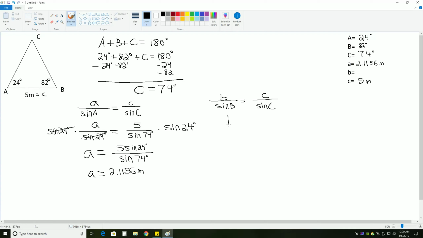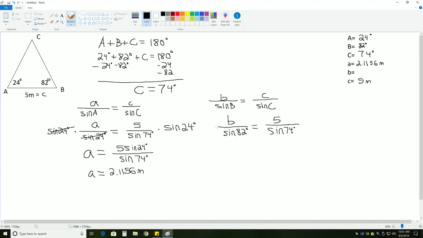So we get B over sine of B is 82 degrees equals C is 5 over sine of C is 74 degrees.